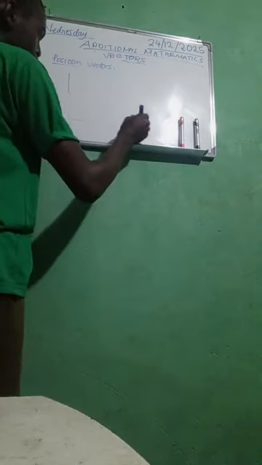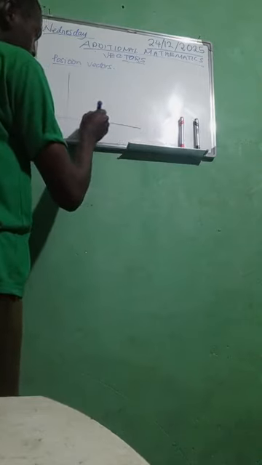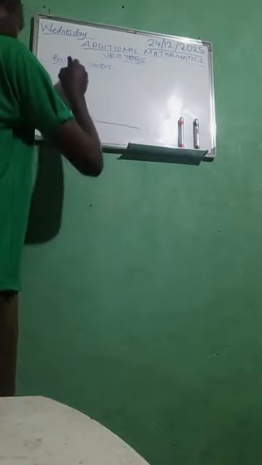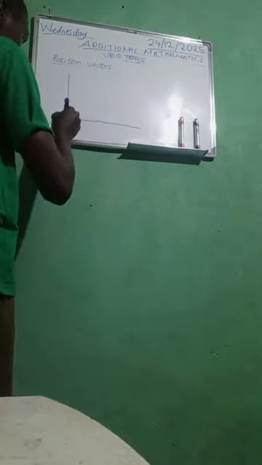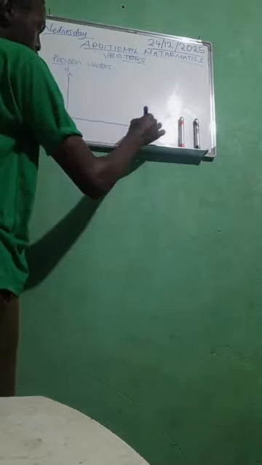We can have our x or y plane, just like that. Marker is not very visible. This is our y, that is our x. Then here we have our origin.